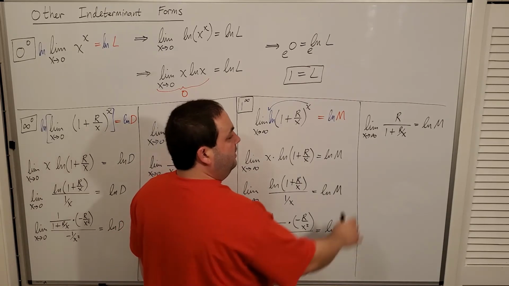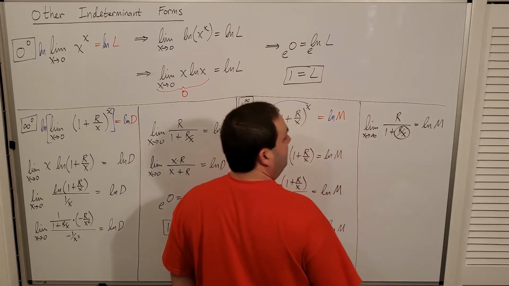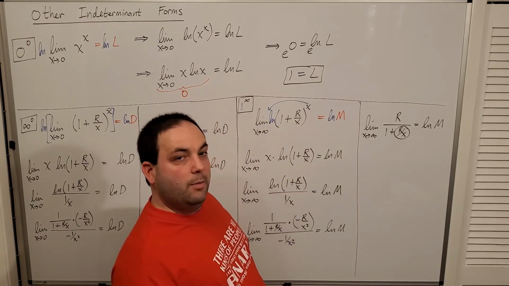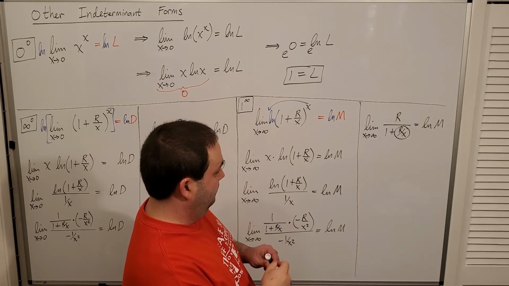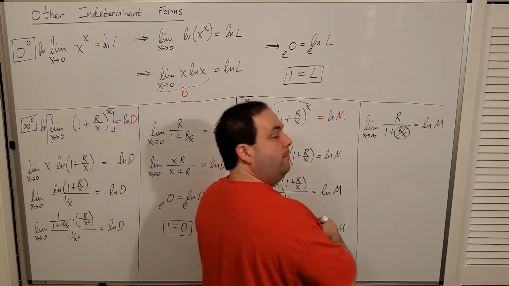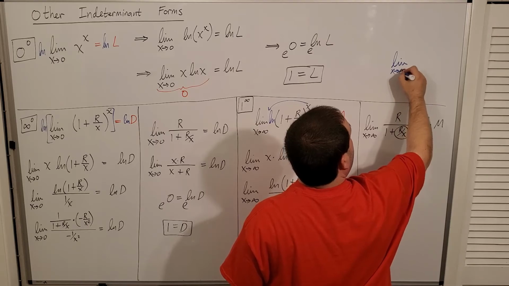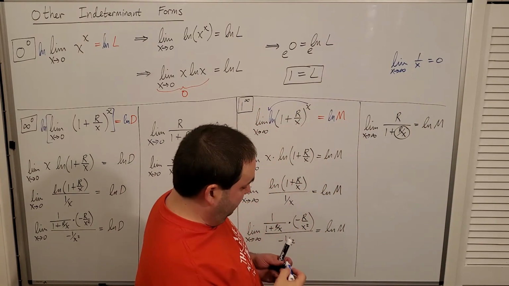Because watch. Now I have the limit as x goes to infinity of this. R over infinity, it's just a number divided by infinity. That's going to go to 0. We have that as one of our basic limits. The limit as x goes to infinity of 1 over x was 0. We just talked about that one.